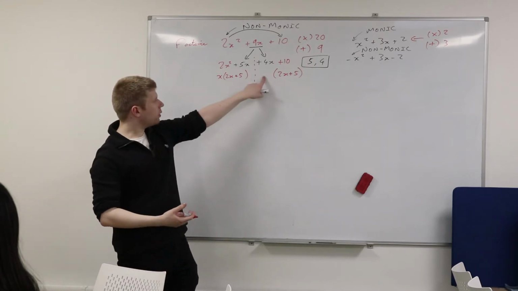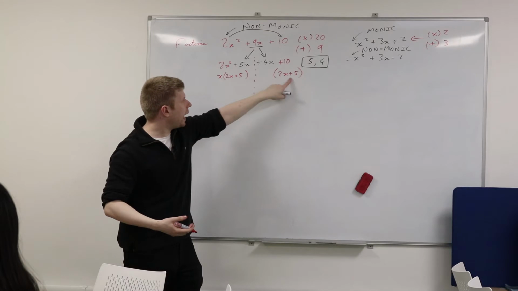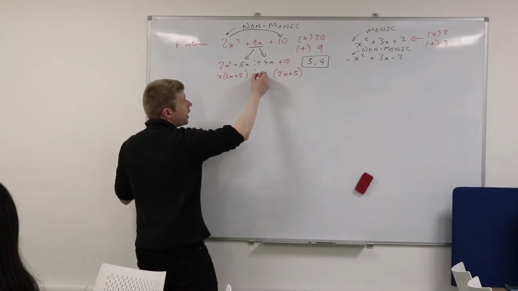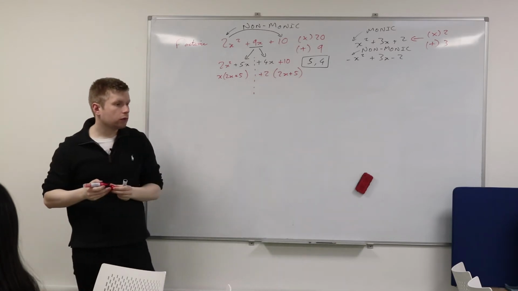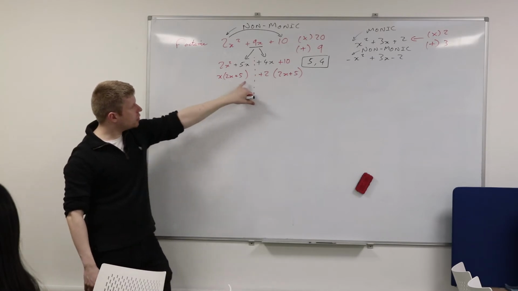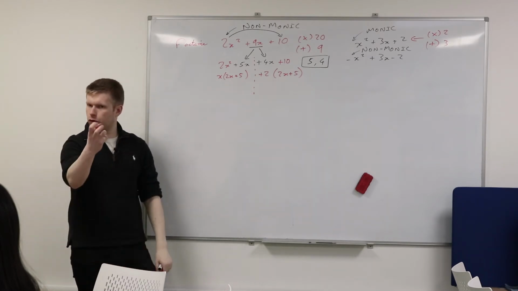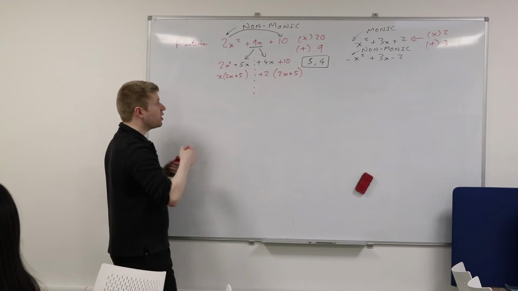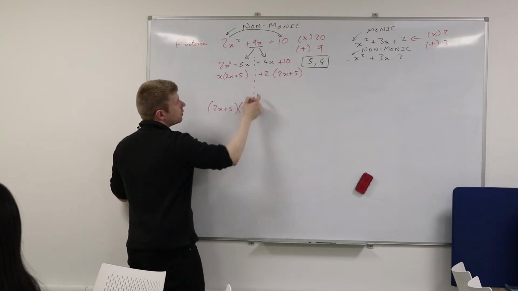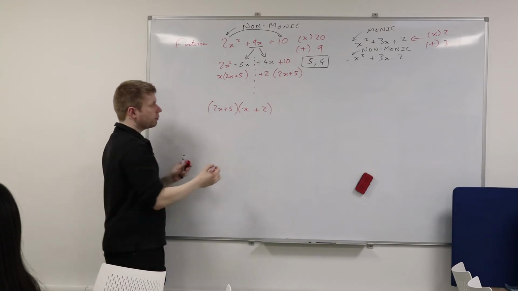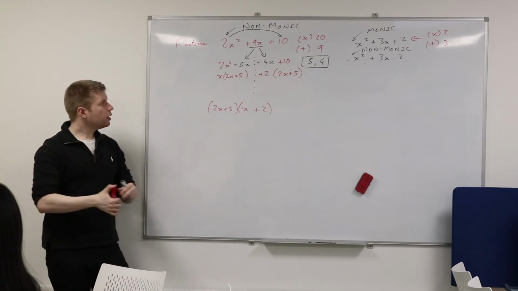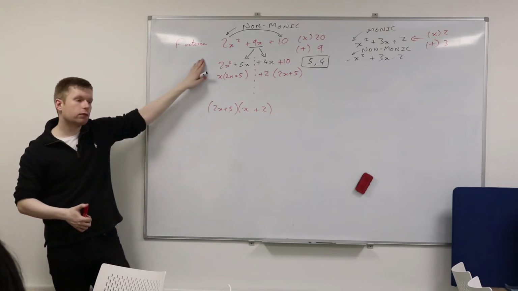It's like, what number goes here, which when I multiply it out, gives me 4x plus 10? 2. It's 2, right? And it's got to be a positive 2. Is that clear? Okay. And I'm going, okay, well I see a 2x plus 5 in both of these terms, so I could just factorise it out. Which would leave me with an x plus 2. Is that okay? Good. So this is how you could deal with this, for example.